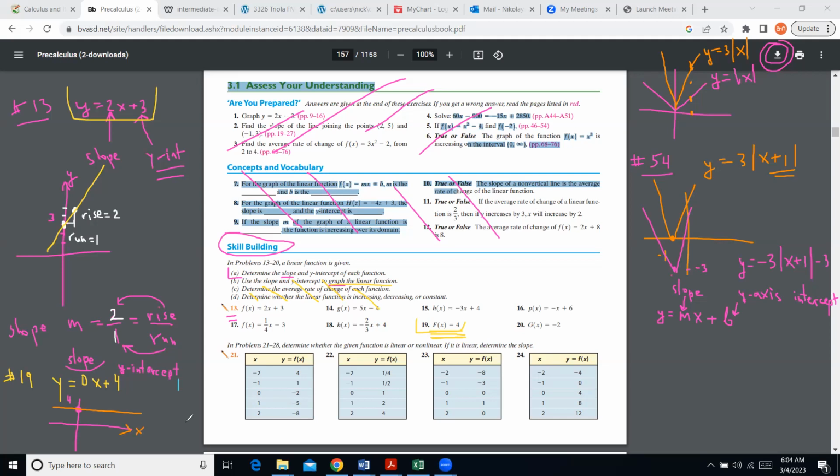I say, are you sure this is going to be a line, not just the point 4? And the answer is yes, because the point here has coordinates 0 for x and 4 for y.